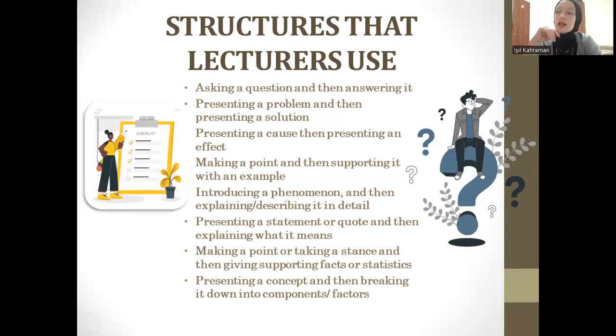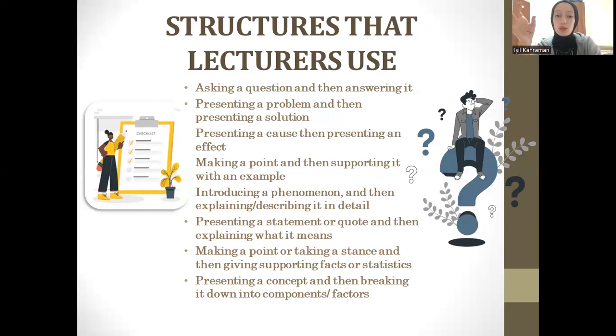Introducing a phenomenon, and then explaining all this, describing in detail. Because when a lecturer uses a phenomenon, maybe we know it or maybe other friends do not know it, so explaining in detail is very important for us. Then presenting a quote from someone he or she loves or is very interested in, then explaining what it means.